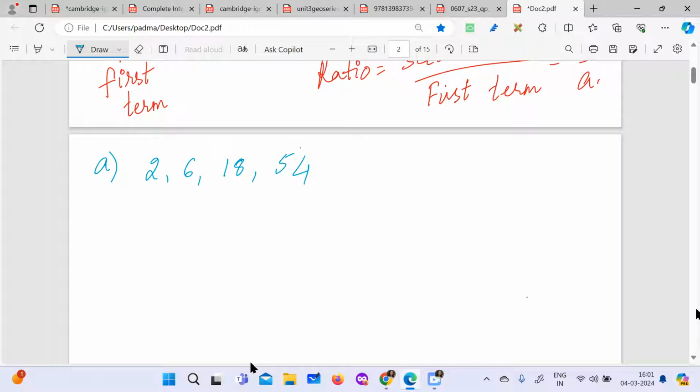First we have to identify whether they are in a geometric sequence or not, so we have to find the ratio. The ratio is obtained by the second term over the first term.